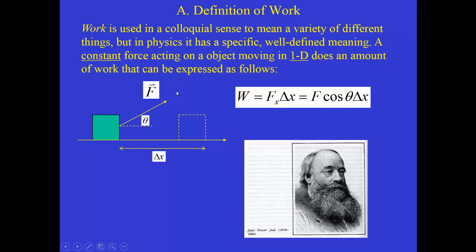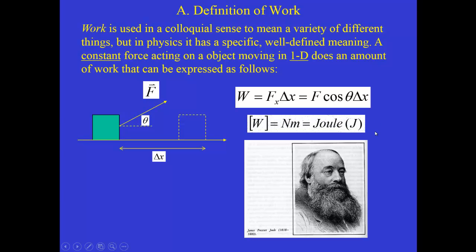And so F sub x, the component of F along the x direction, would be given using the right triangle here that we could make with the force as the hypotenuse. It would be given by F times the cosine of the angle theta times the displacement delta x. If theta is equal to 0, then we simply get F times delta x.